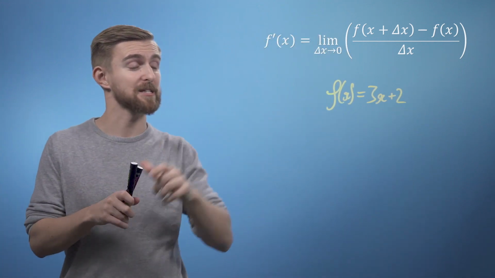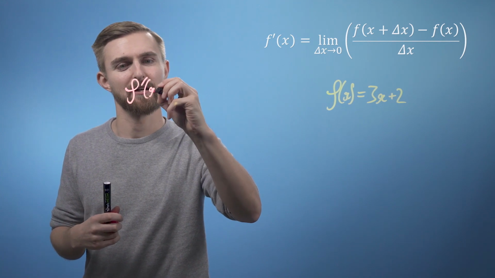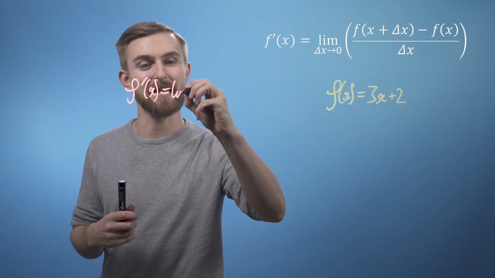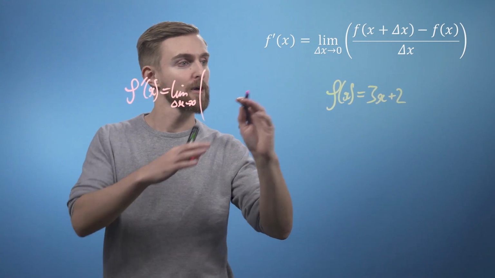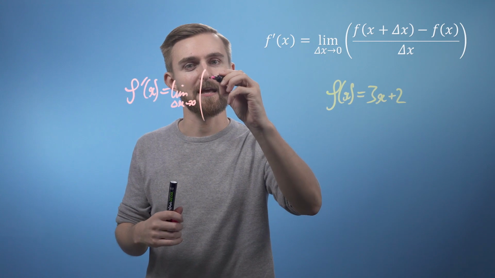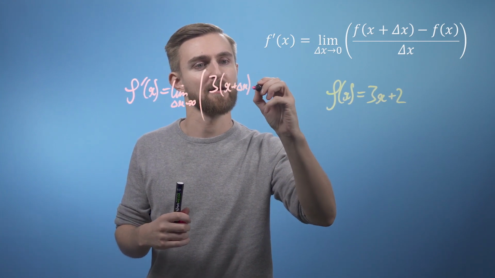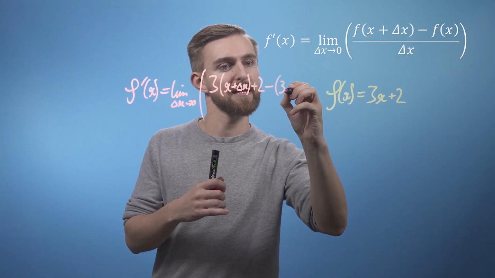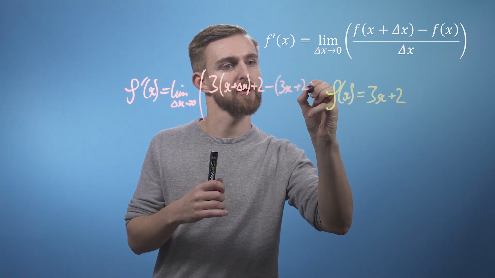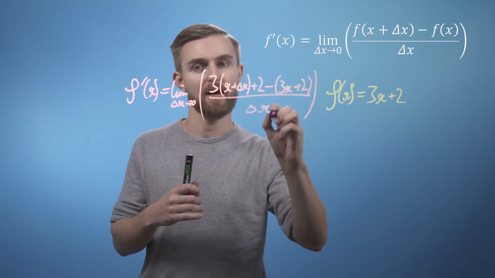So we can immediately sub this straight in and say, okay, f dash of x is going to equal the limit as delta x goes to 0 of, so we're taking our function and subbing it in, 3 times x plus delta x, plus 2, minus 3x plus 2, all divided by delta x.